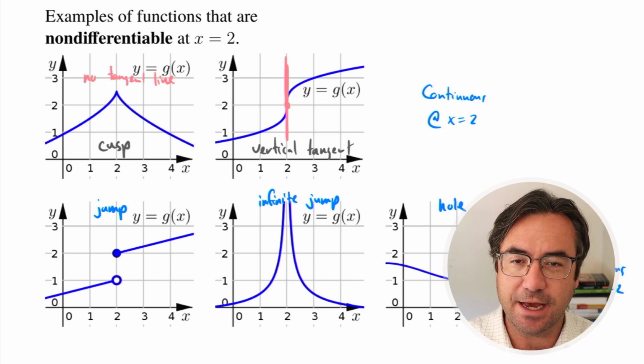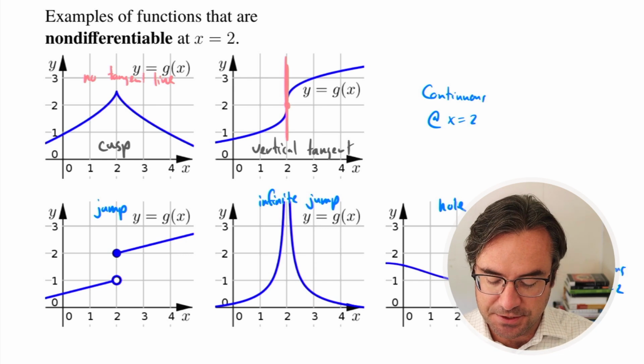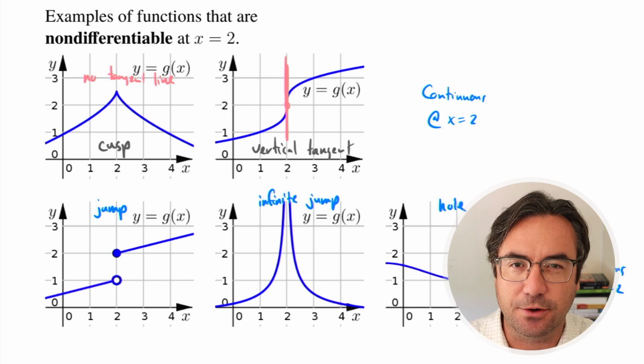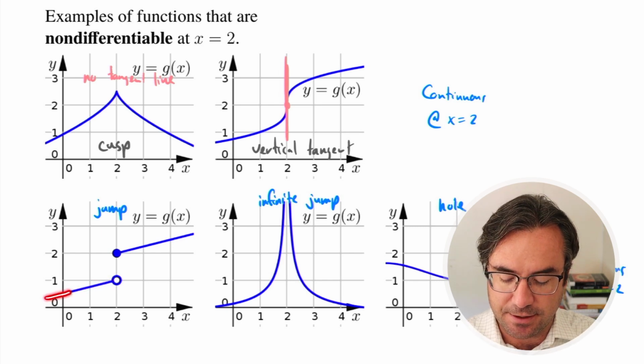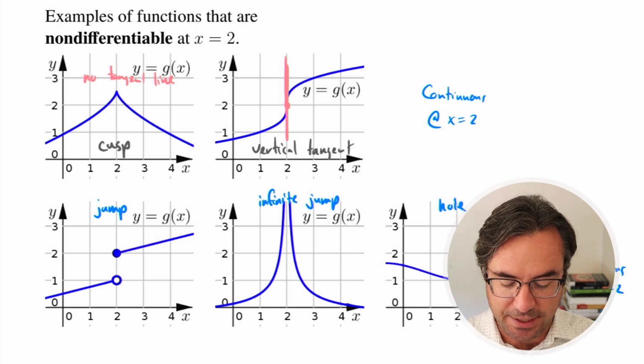Now, we also looked at a few other graphs where that wasn't possible. So we saw this example where there's a break and a jump in the graph. As I start tracing, I literally have to take my pen off the page, put it down onto this point, and then I can keep going. Same thing, there was an infinite jump here.